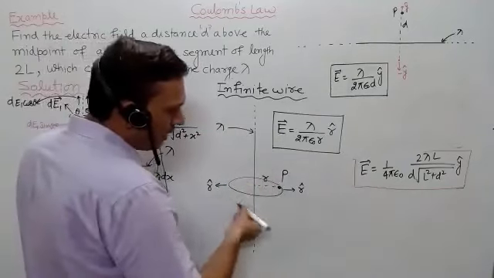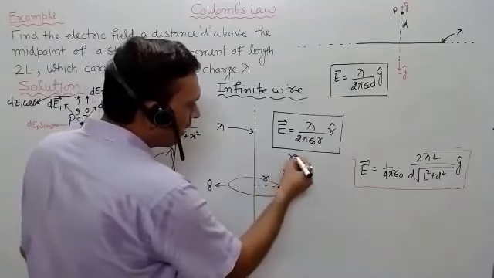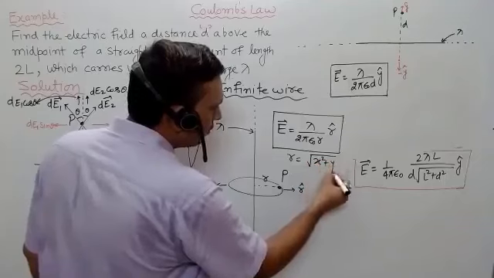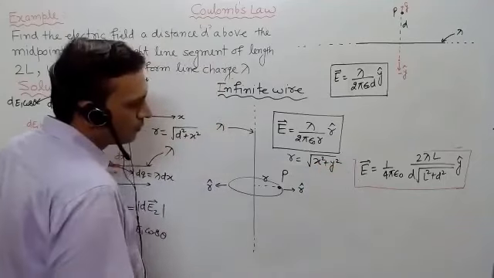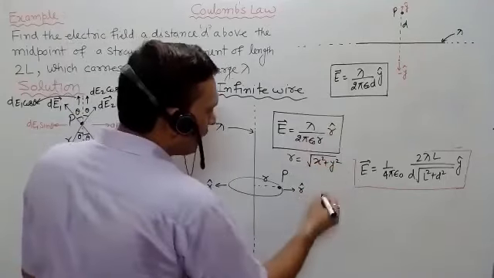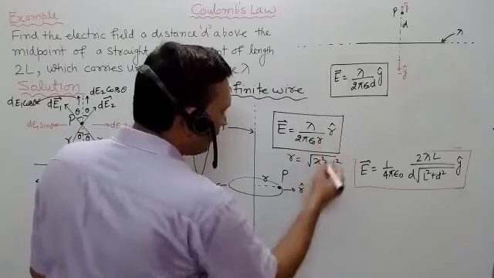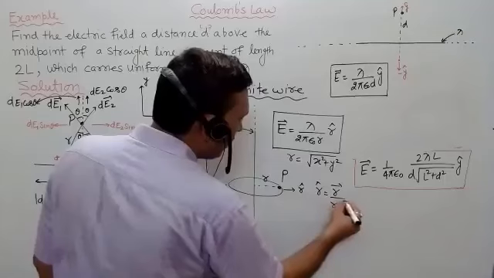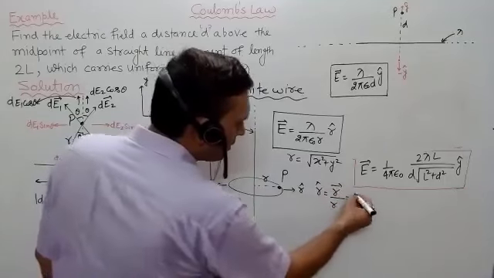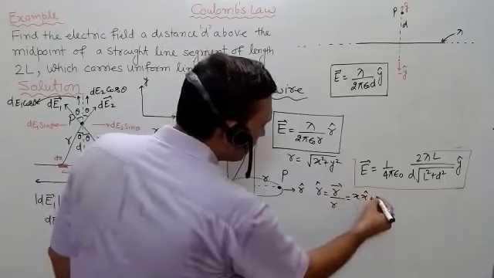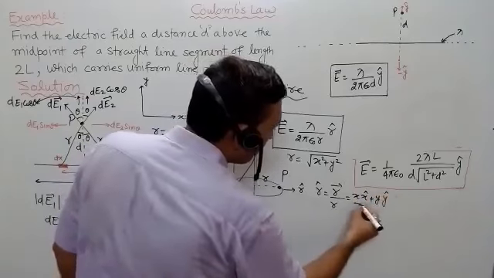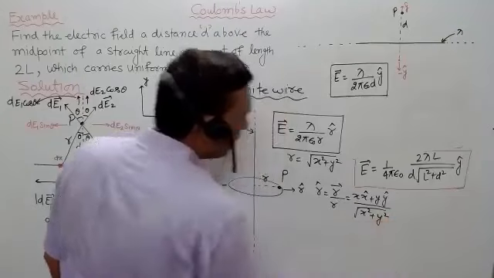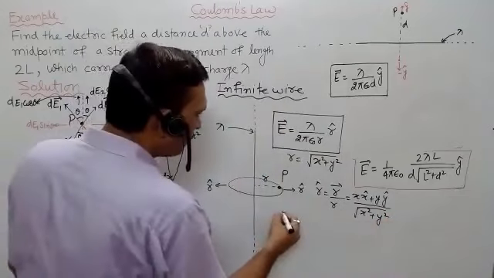So this circle is in the xy plane. R we can write as under root x square plus y square. So if you have to write r cap in the xy plane, it is vector r by small r, which is x x cap plus y y cap by under root x square plus y square. You can write it in another form also.